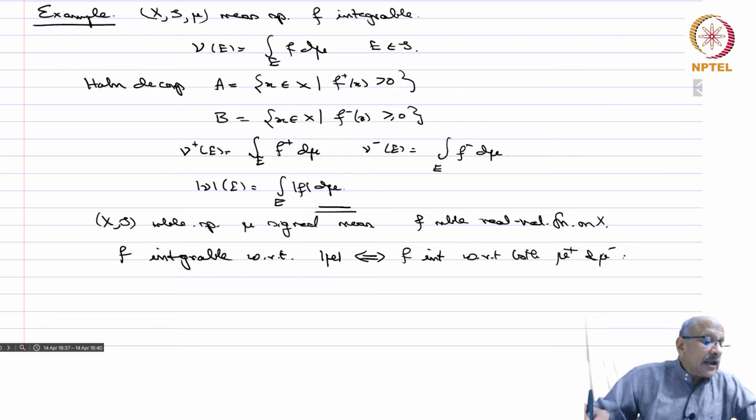Only then will that integral be finite. And then we can define the integral over X.